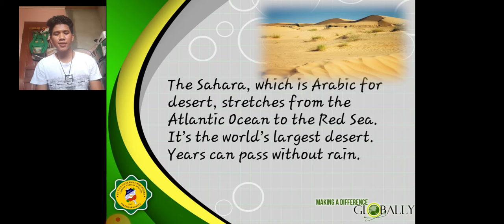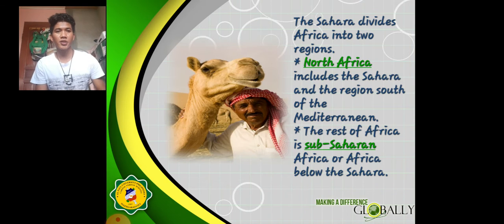The Red Sea is a seawater inlet of the Indian Ocean lying between Africa and Arabia. Years can pass without rain. The Sahara divides Africa into two regions. This is North Africa, which includes the Sahara and the region south of the Mediterranean, and the rest of Africa is the Sub-Saharan. It lies in the south of Africa.